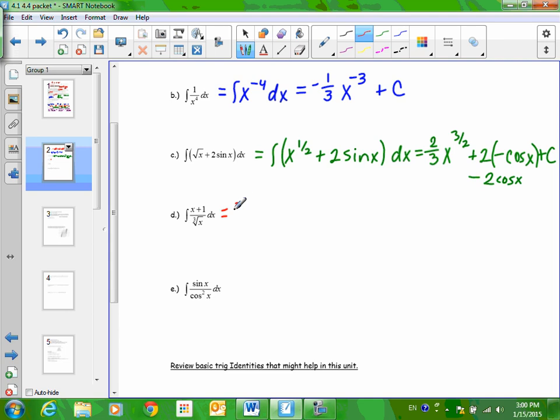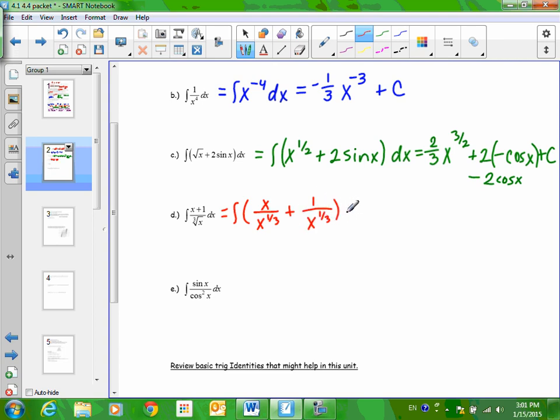All right, so I'm going to kind of help you out with this. Since this is like x plus 1 over the cubed root of x, I can rewrite this so that it's x over x to the 1/3, because 1/3 would be the same as writing the cube root of x, and then I could say plus 1 over x to the 1/3.